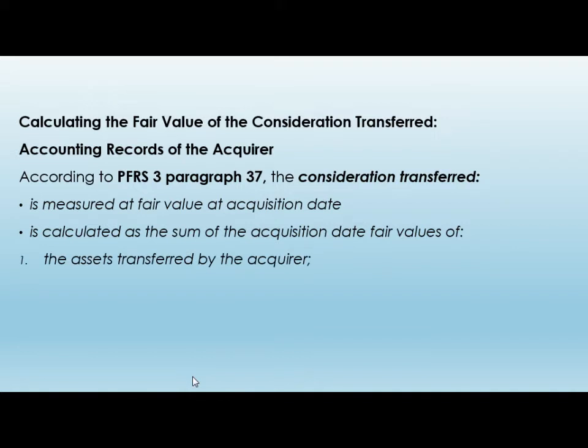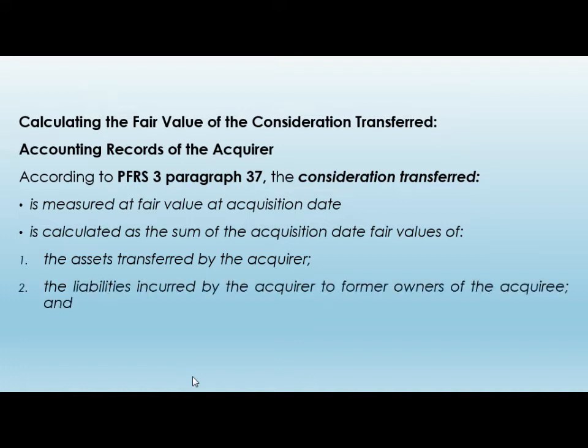Okay, so one is the assets transferred by the acquirer. The liabilities incurred by the acquirer to former owners of the acquiree. So that will form part of our consideration. Then the equity interest issued by the acquirer. So if the acquirer transferred assets like cash and non-cash assets, that will be part of our consideration.